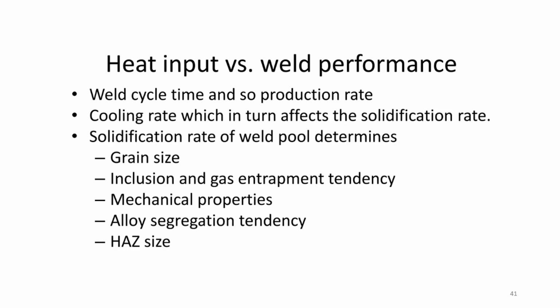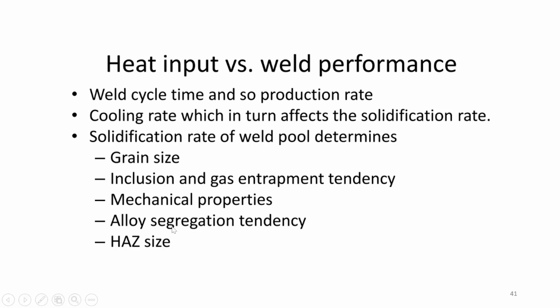For example, if steel is used as the weld metal, then if martensite forms, it will have higher strength but poor ductility, and if it forms pearlite because of a slow solidification rate, then it will have lower strength and higher ductility.